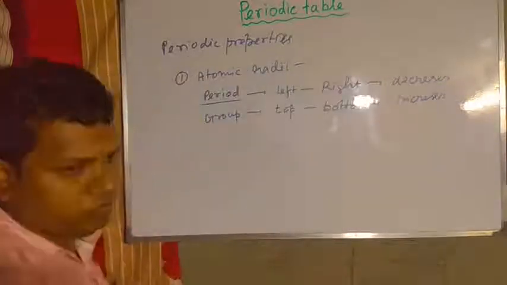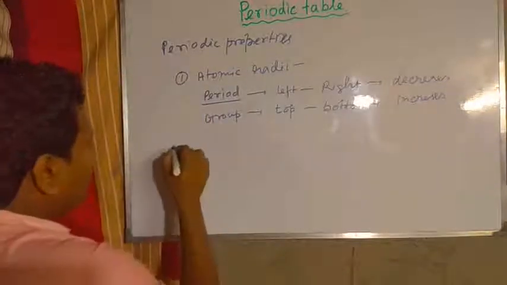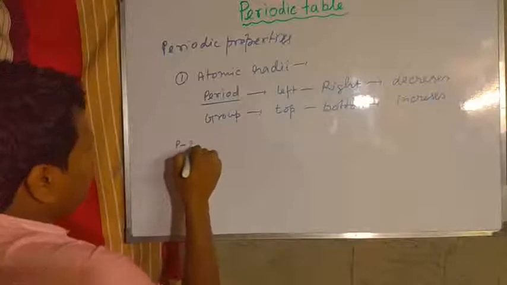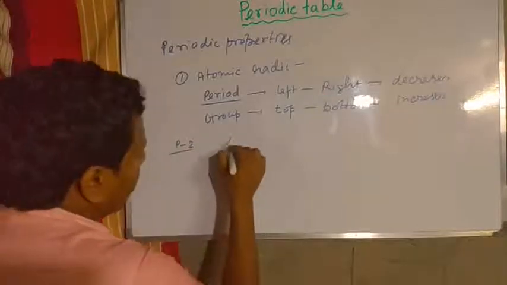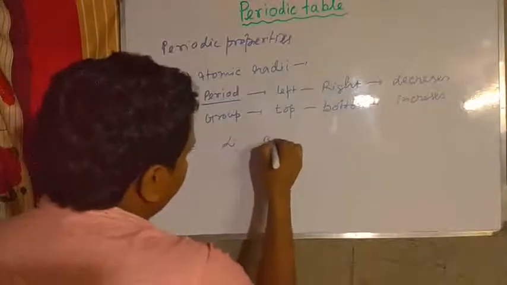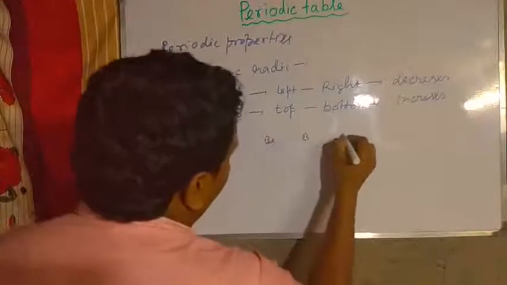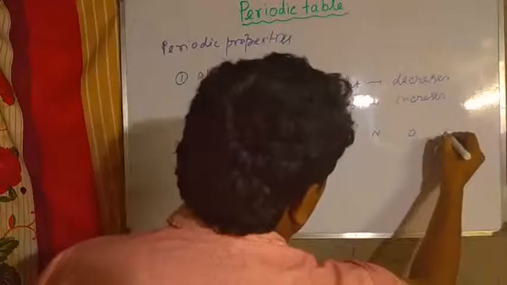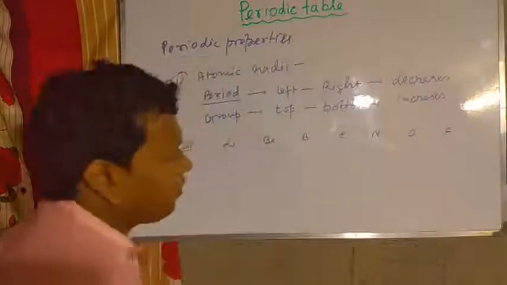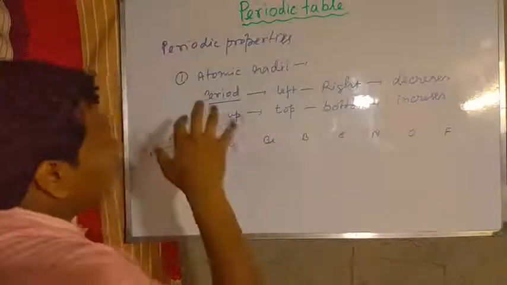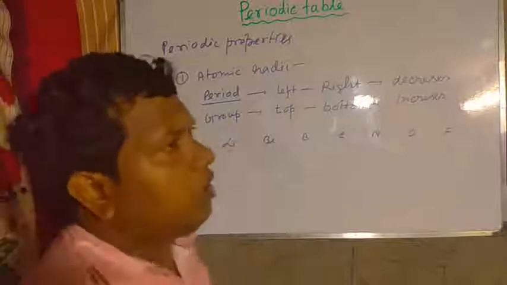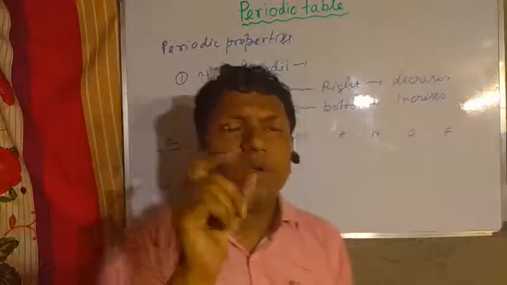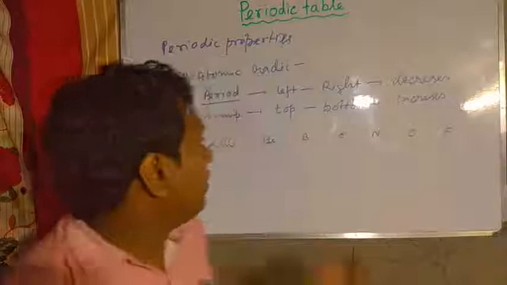But how? Let us take period 2: lithium, beryllium, boron, carbon, nitrogen, oxygen and fluorine. Okay, here is an important point.